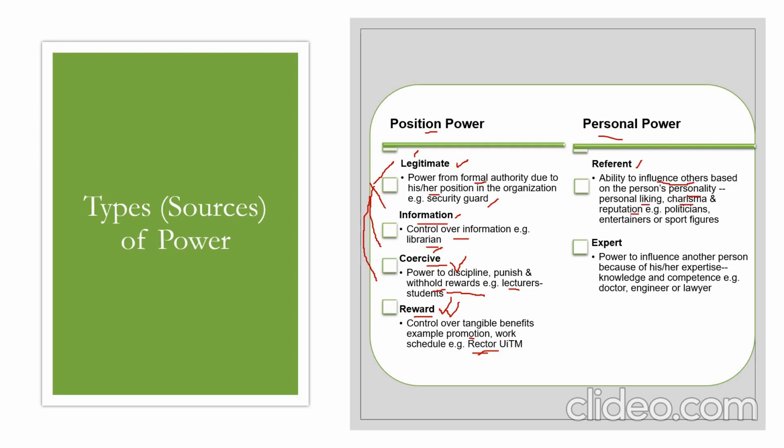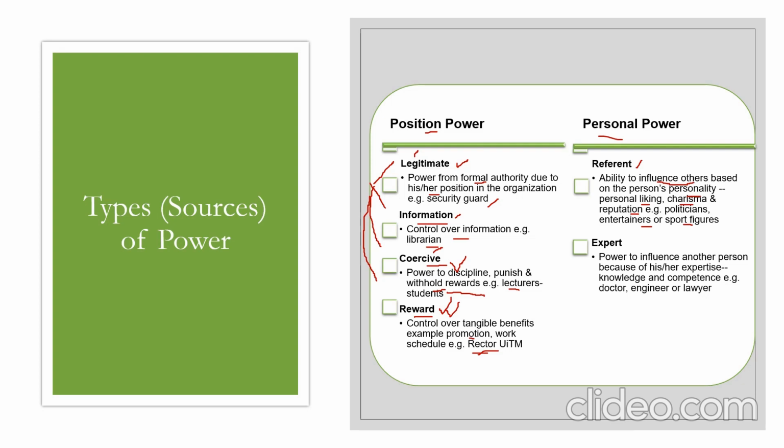For example, politician, entertainers, sports figure. Okay, so referent power is actually a power that a person has because of his or her personality, his charisma, something that a person has inside him, characteristic, ciri-ciri seseorang tu. Let's say you admire one artist or one singer.